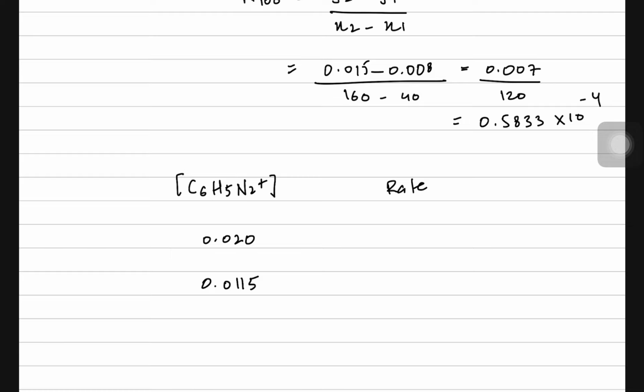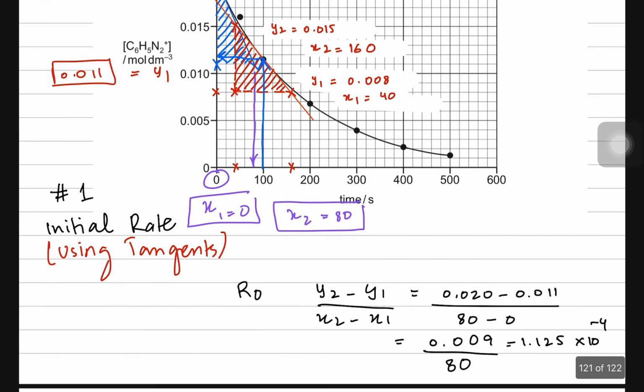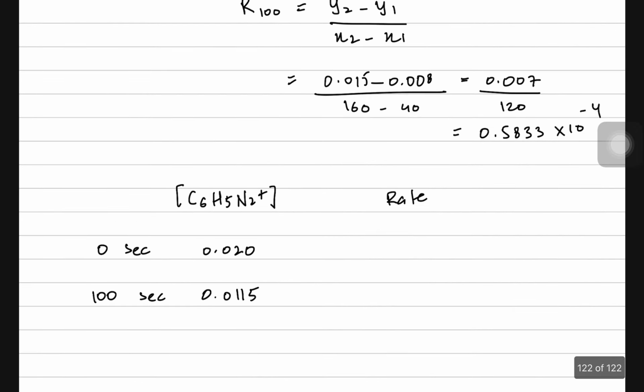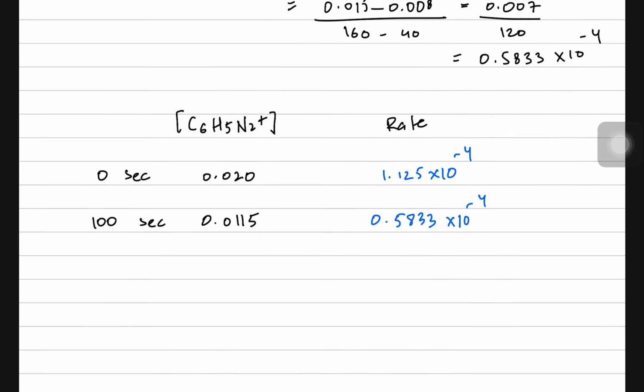The initial concentration was at the 0th second and this new concentration was at the 100th second. I have found my rate of reaction under both circumstances: 1.125 × 10^-4 and 0.5833 × 10^-4.